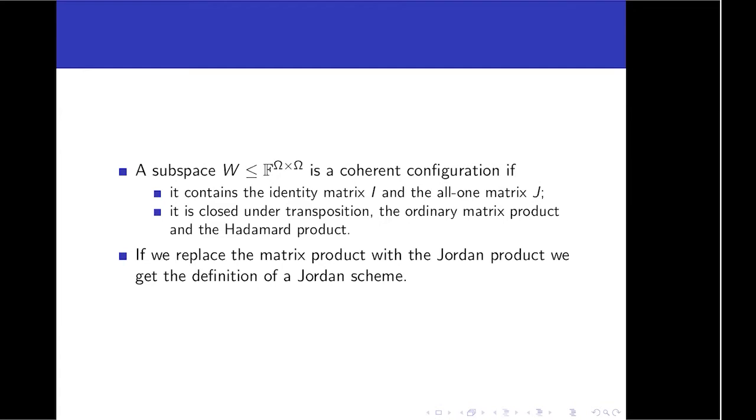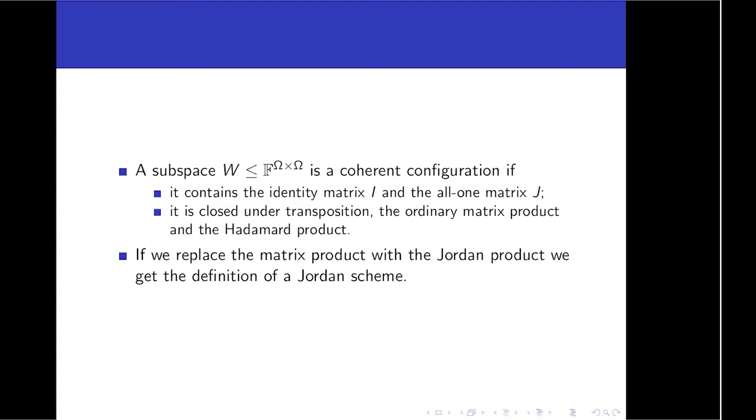Now, if we have such a subspace, we call it a coherent configuration or coherent algebra. I use these words a bit interchangeably. It must contain the identity matrix and the all-one matrix, and be closed under transposition, the matrix product and the Hadamard product.